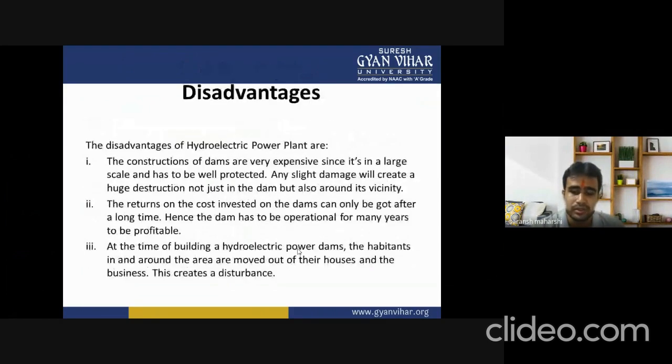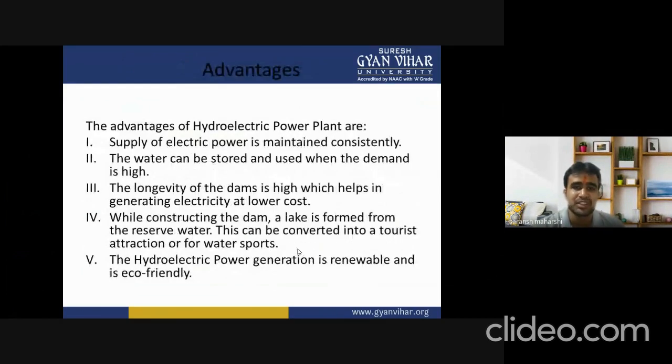Now advantages. Now we will discuss some advantages of the hydroelectric power plant. First, the supply of electric power is maintained consistently. Second, the water can be stored and used when the demand is high. The longevity of the dams is high, which helps in generating electricity at a lower cost.